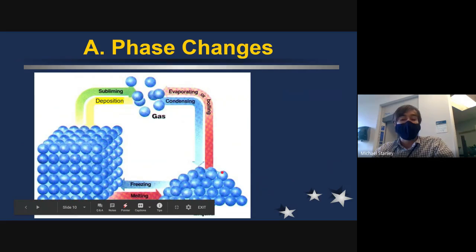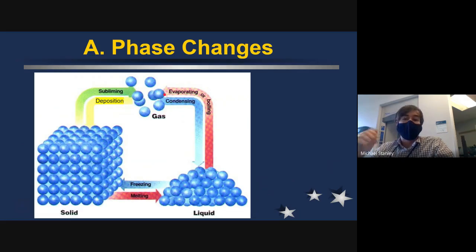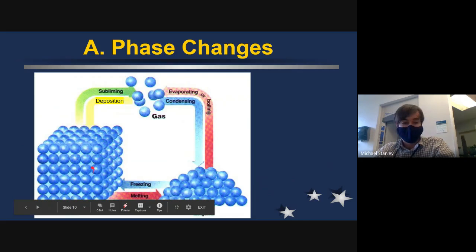And then if we heat up a liquid and change it into a gas, we call it either boiling or vaporizing or evaporating, whatever kind of best works for the situation. If we cool down that gas and turn it into a liquid, it goes through condensation. And then if we cool down that liquid even further and turn it into a solid, it goes through freezing.